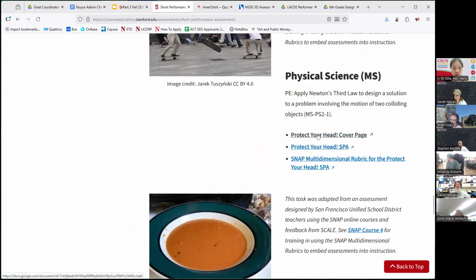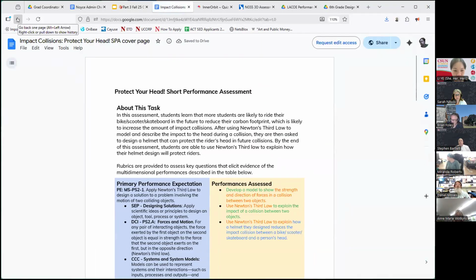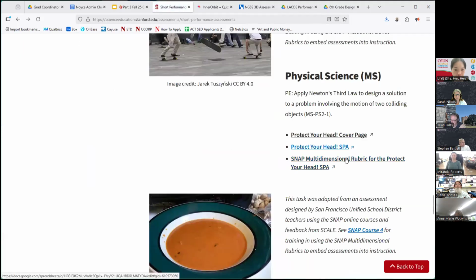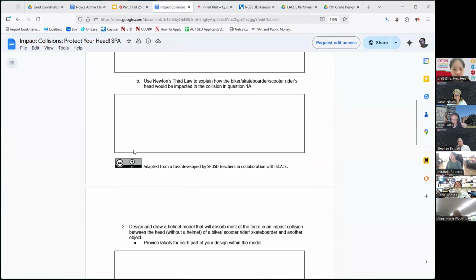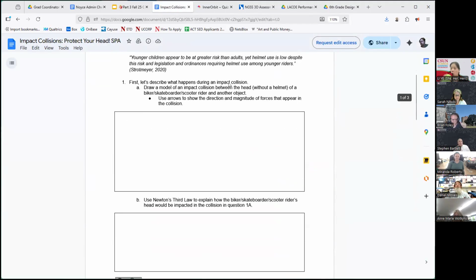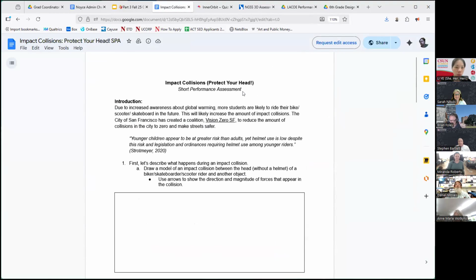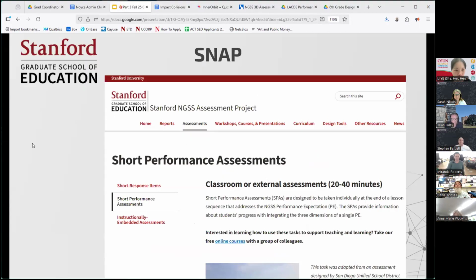There's usually a cover page that talks about performance expectations and standards, and then you can get the actual assessment, which is often in the form of a worksheet like this. Like I said, these have all been vetted and tested by lots of people, so they're often very useful to use with your students if it fits in with your lessons.